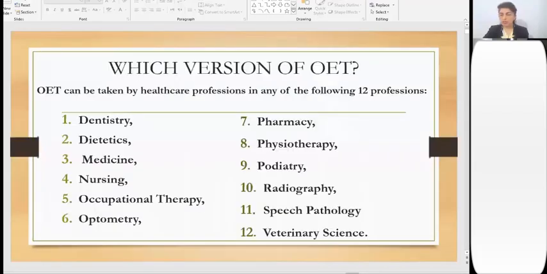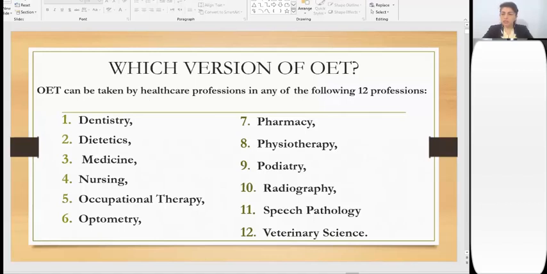Which version of OET do we need? You know, OET has different versions according to the specialties, according to the profession. For example, there are some differences between medical OET, I mean the test of OET for medicine professionals, and for example, nursing or veterinary sciences.